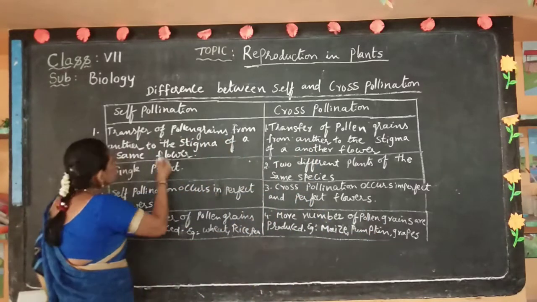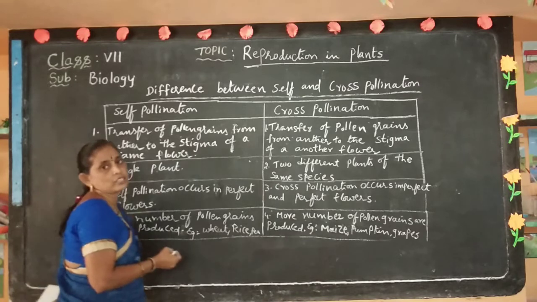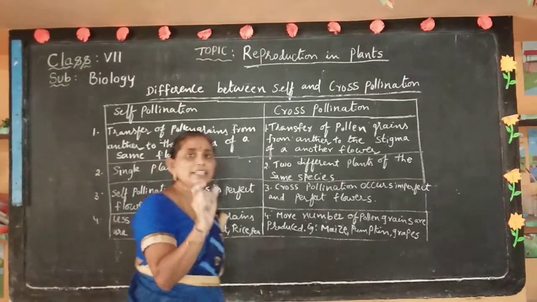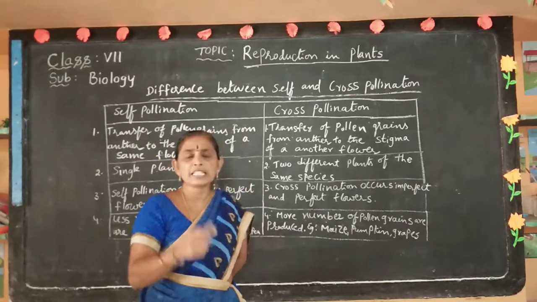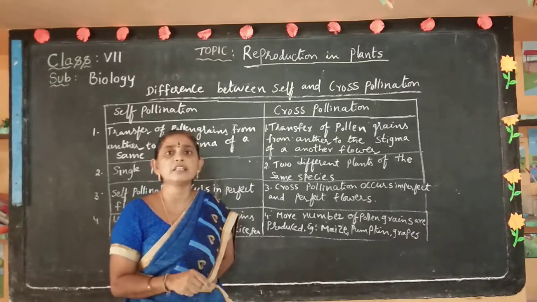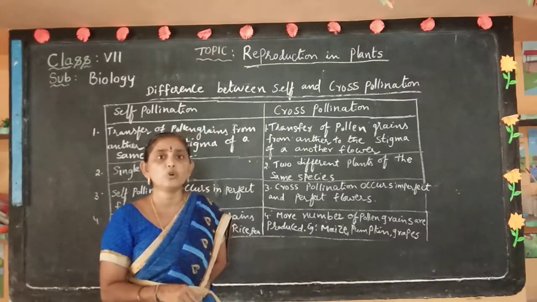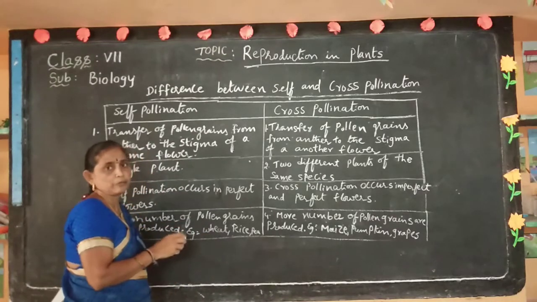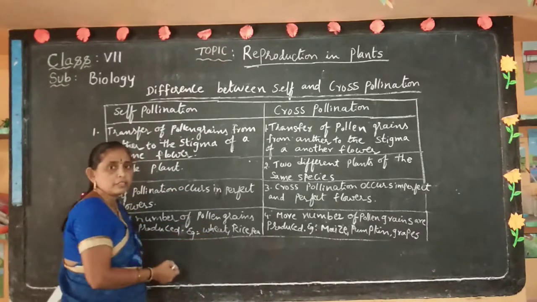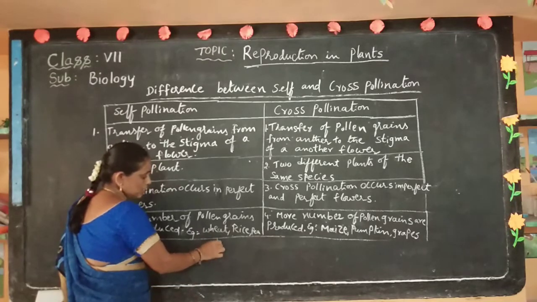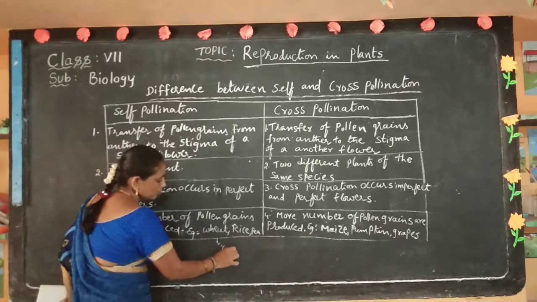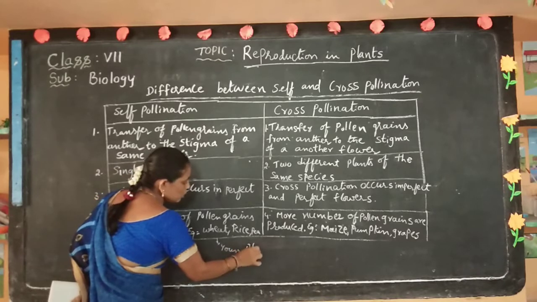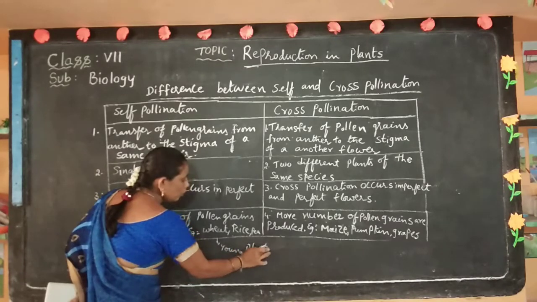Okay, see, in these self-pollinating plants, the characters present in the parent plant are present in the daughter plant also. For example, wheat giving more production: the young plant also gives more production.